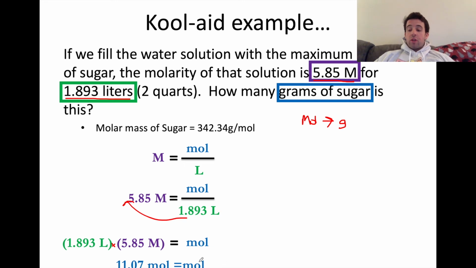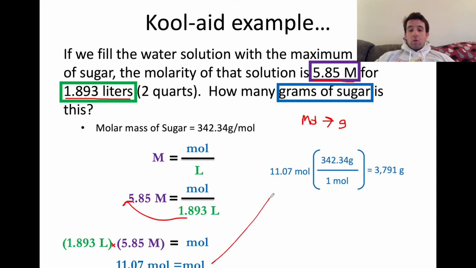Once again, in order to convert that into grams of sugar, we're going to have to do a molar conversion. So we use that 11.07 moles, put moles on the bottom, grams on the top. You multiply 11 by this 342 number, and you get about 3,791 grams. Correct sig figs here should be 3,790 grams.